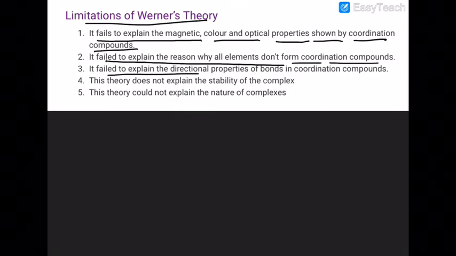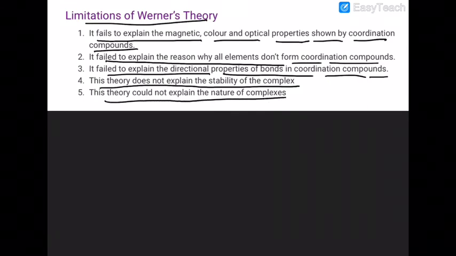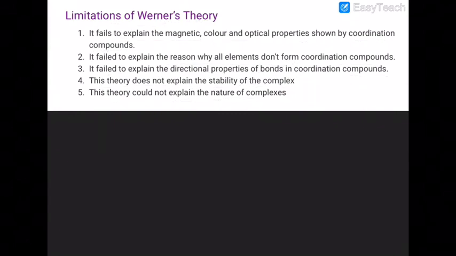It failed to explain the directional properties of the bonds in a coordination compound. The theory does not explain the stability of the complex. The theory does not tell us about the nature of the complex. So these points must be clear to you now, one by one.